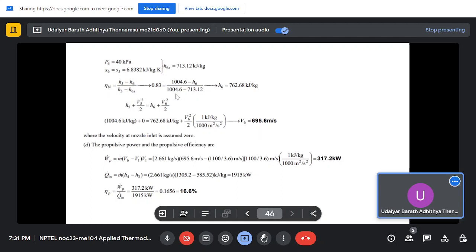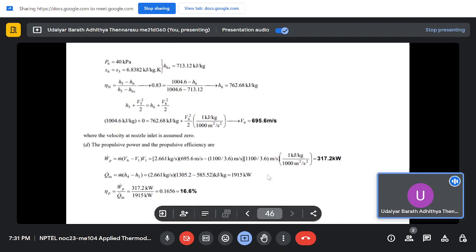If you know the process, using that you can find all the enthalpies, temperatures and the works and the jet velocity. And if you have the inlet velocity, outlet velocity and the mass flow rate, you can find all the efficiencies and the thrust.